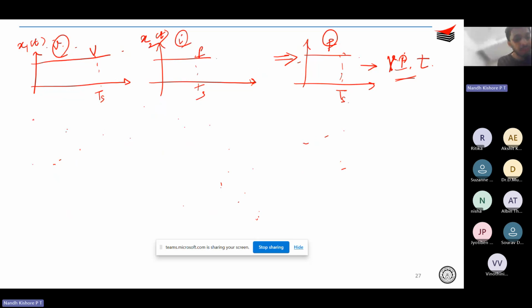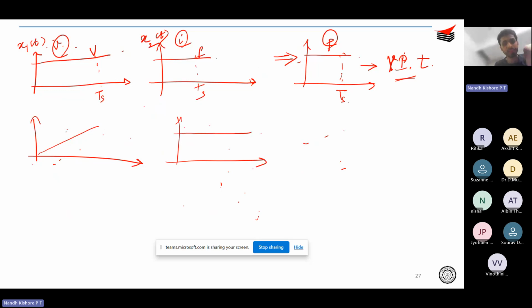Correct. Now let's say my voltage is something like this, and I multiply with the current being something like this. Okay. In that case, you can understand that the multiplication would be something like this, right? This will be Ts.